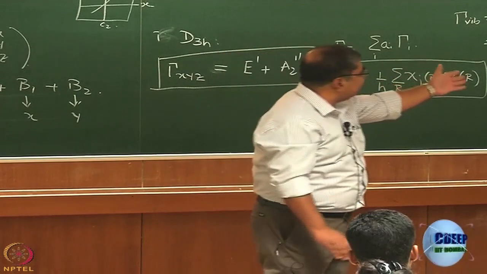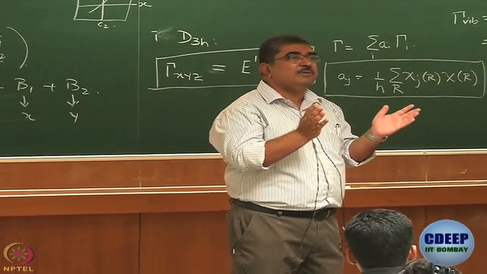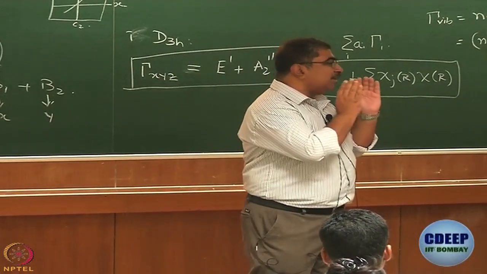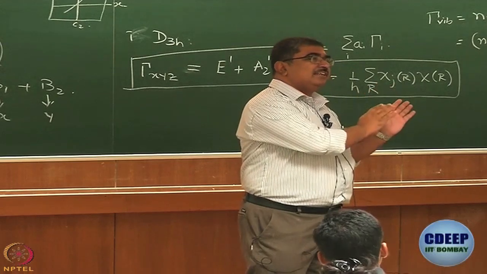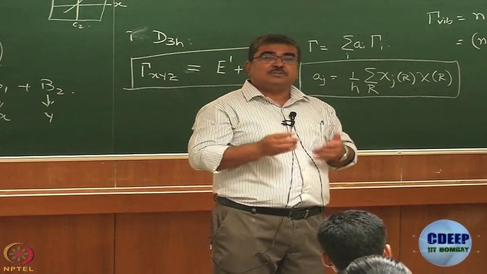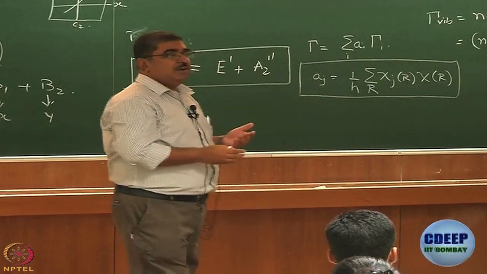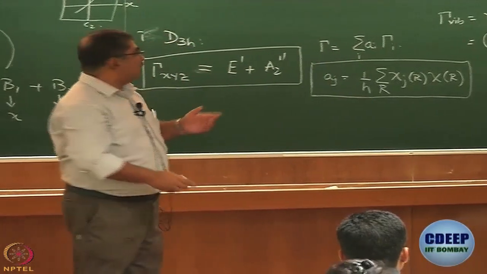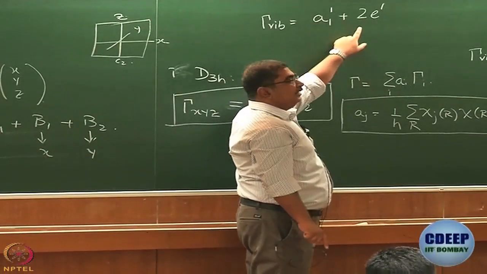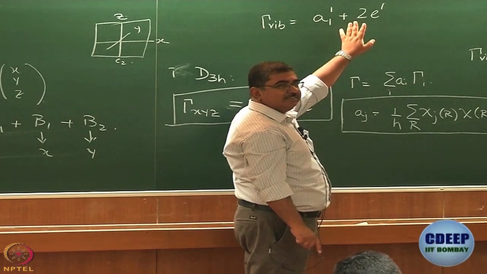That is what you see in the character table. See X, Y together, that is 2 coordinates, isn't it? X is 1 coordinate, Y is 1 coordinate. Similarly, x square minus y square is one, xy is another. Together they transform, that is why it is a two-dimensional representation. So, each E dash actually contains two coordinates of vibration. So, one A1 dash and 2 into 2, 4 E dash vibrations.